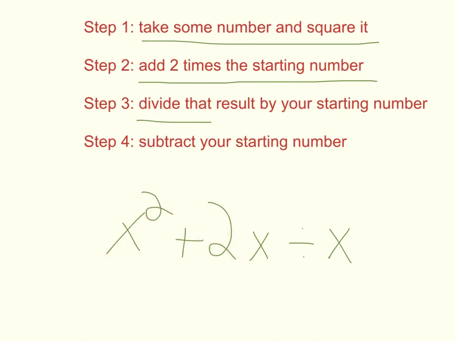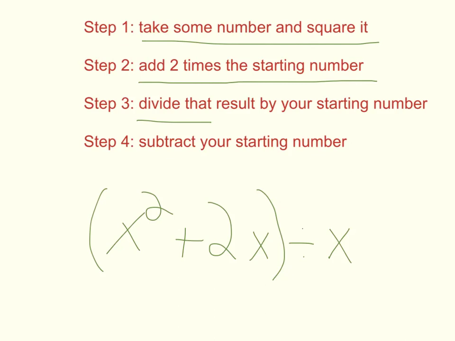But if you look at our steps, it says step 1, take some number and square it. Then add 2 times that number right here. What you just wrote, if you did this way, is you wrote divide, which is step 3, first. So how can I make that right? I can add parentheses. Now, this says do everything here first, which is step 1 and step 2.